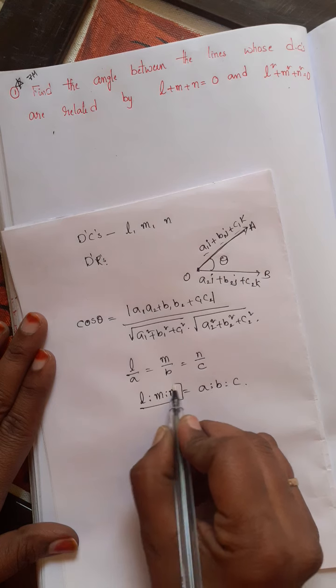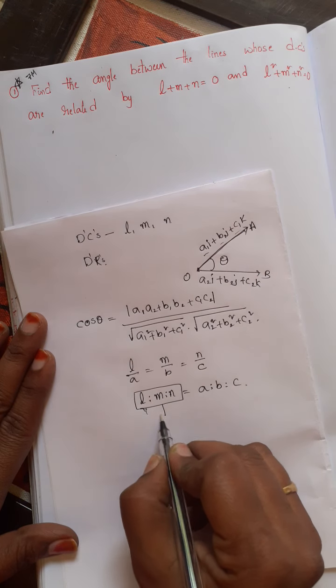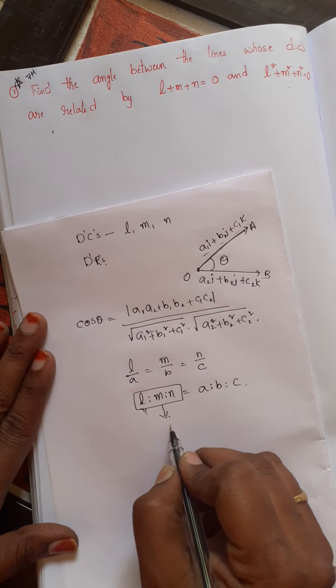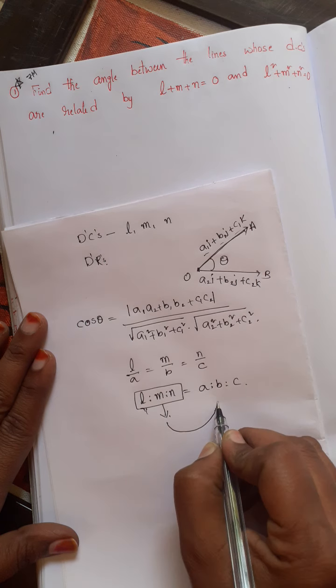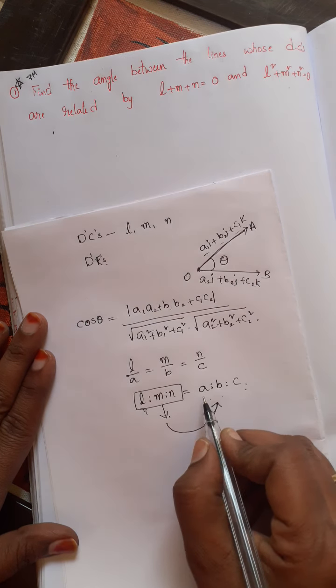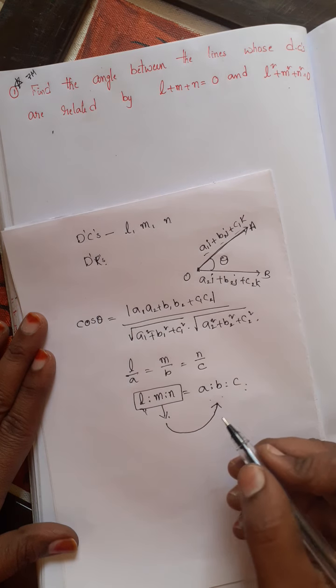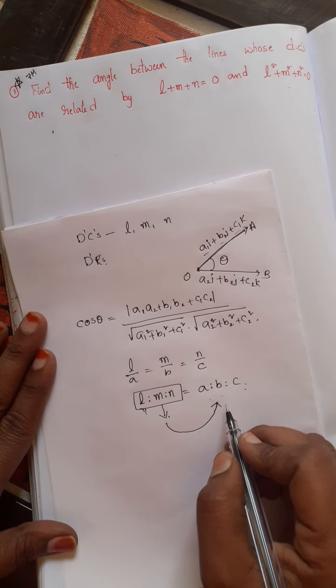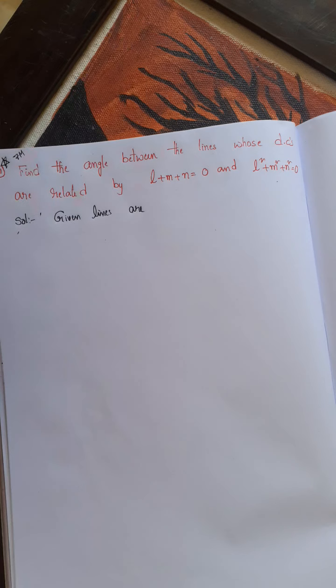So if you find l is to m is to n, the same values are a is to b is to c, so you can find the direction ratios. In this way we will go through.